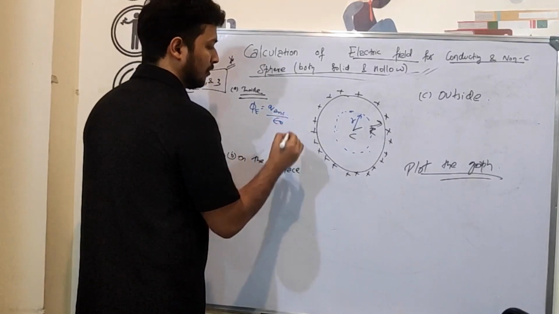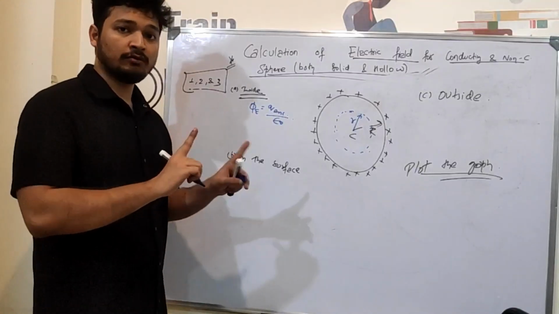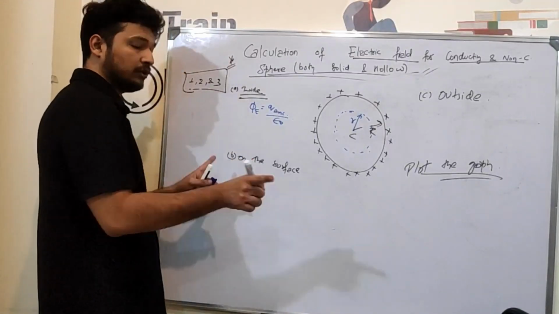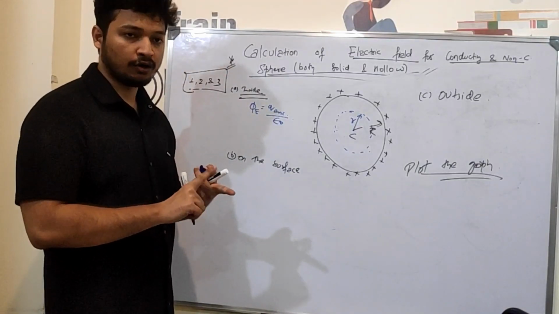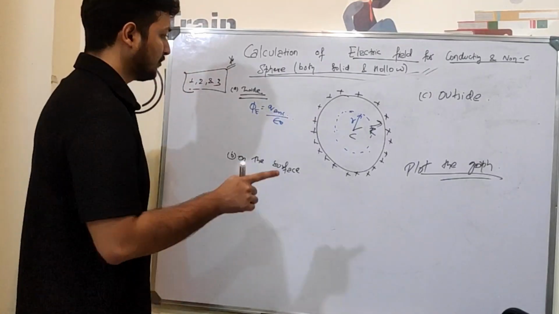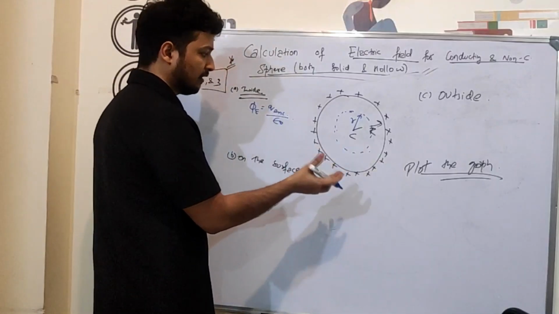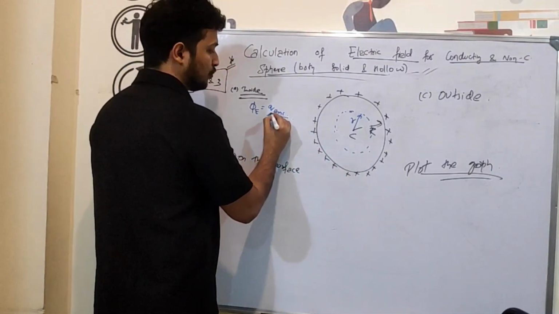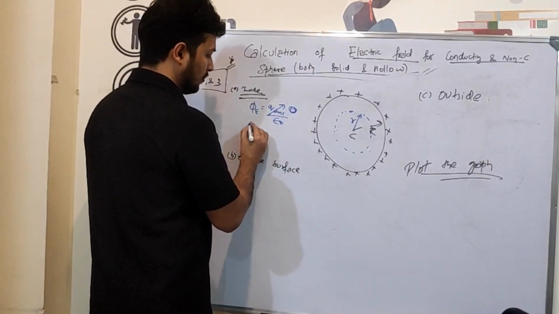You can see in all these three cases, that is the solid conducting sphere, hollow conducting sphere, and hollow non-conducting sphere, there is no charge present inside the sphere. That means the value of Q enclosed will be 0. And if Q enclosed is 0, phi E will be equal to 0.